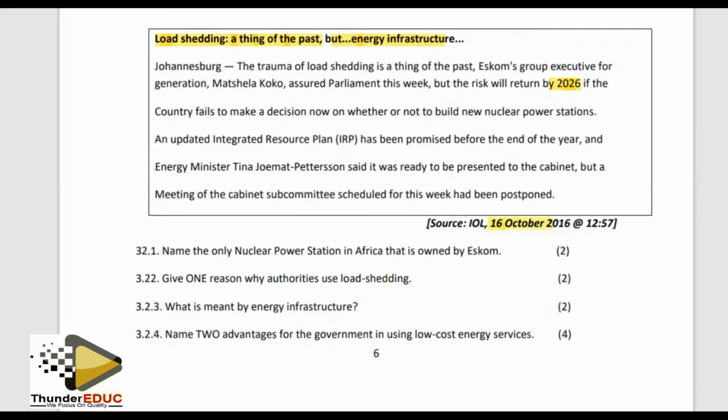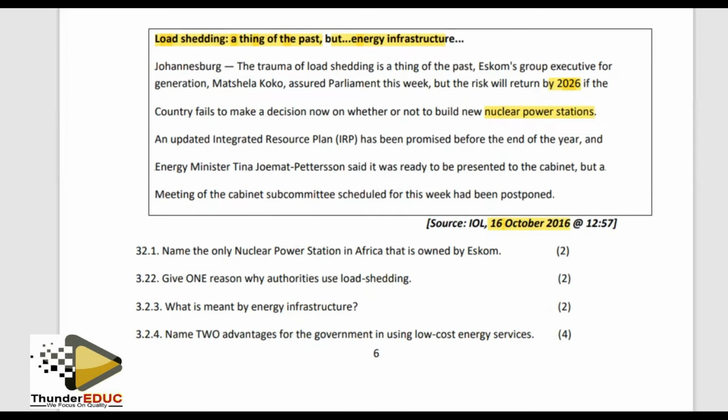16th October 2016. Sam Goodluck and Michelle Coco assured the parliament during that week that the risk will return by 2026 if the country doesn't make a decision now on whether or not to build a new nuclear power station. That is one, not many stations.